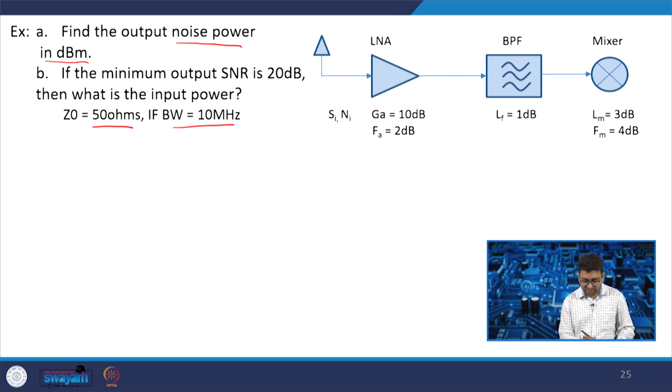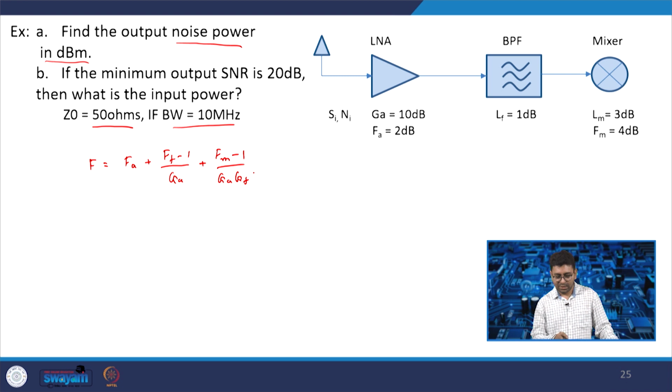So, the Friis formula is: F equals F A, plus F F minus 1 by G A, plus F M minus 1 by G A into G F. This is the formula for the complete noise figure, used to find the noise power.